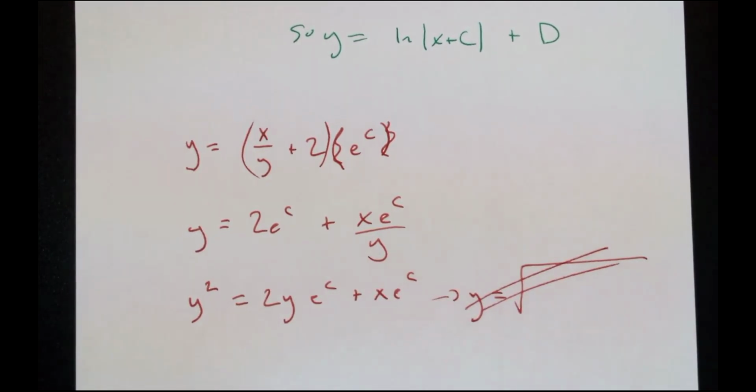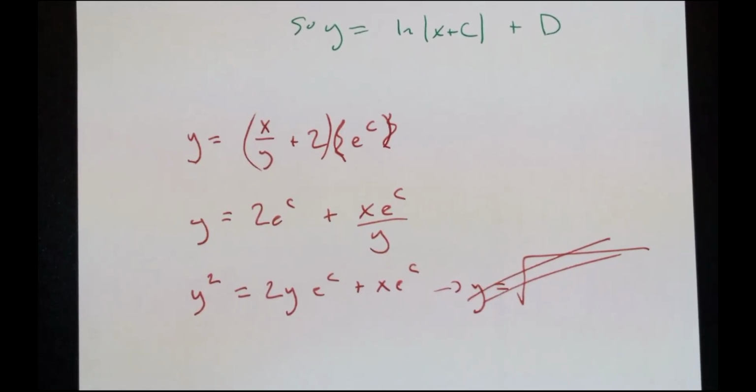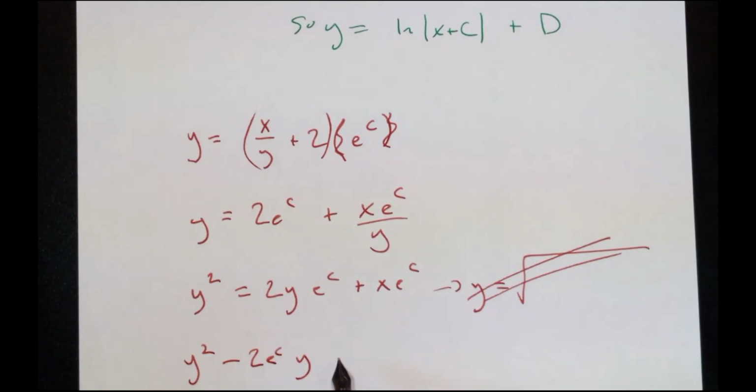Oh, no, I see what's going on. I have to do the quadratic formula to get this y equals, right? y squared minus 2e to the c y minus x e to the c equals 0.